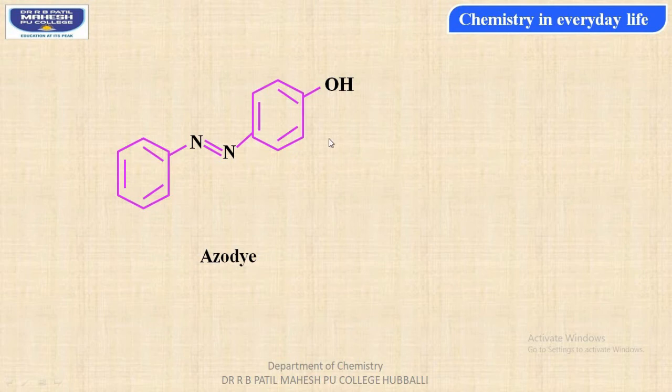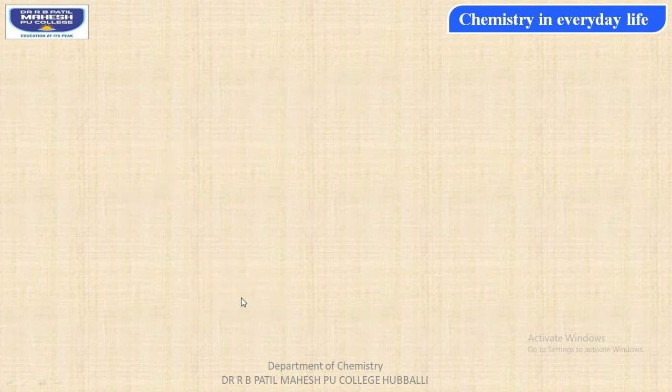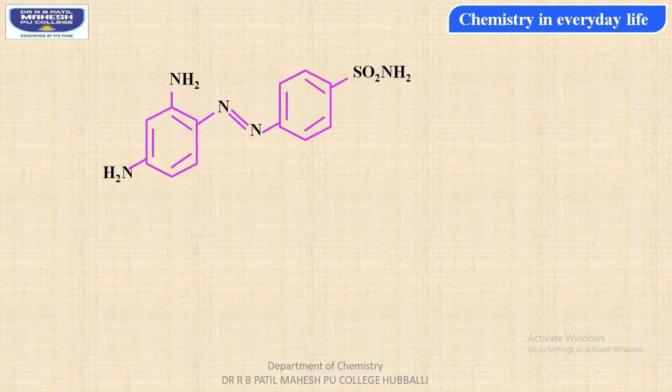So we get a yellow color dye called azodye with the molecular formula C12H10N2O. And the next antibiotic is Prontosil with the molecular formula C12H13N5O2S. In this case also, students, we can observe the diazo link between both the phenyl rings.